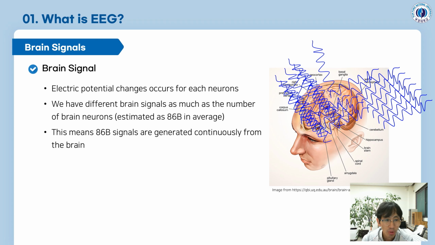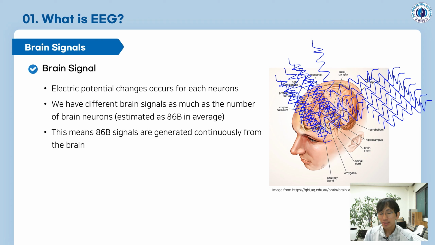Maybe some brains have more neurons, and some other person's brain maybe have fewer neurons, but on average 86 billion. So this means there are going to be 86 billion signals from your brain. So it's a very, very complicated signal.